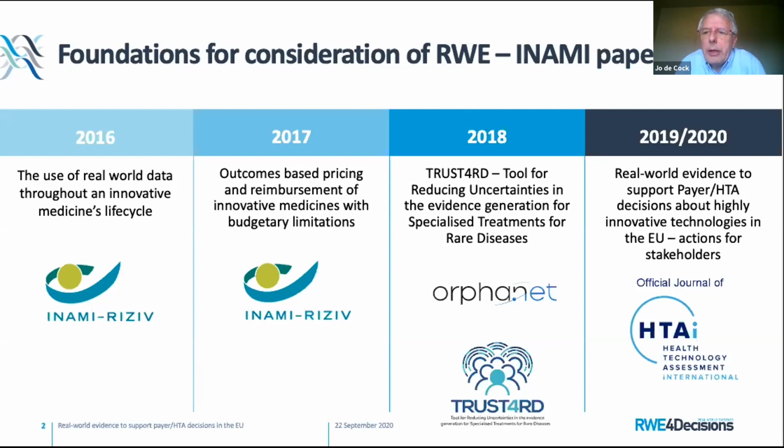It was clear that real-world evidence cannot lower the robust evidence we need for a market authorization on the one side. That's not our concern in the first place, but also for decision-making after market launch.